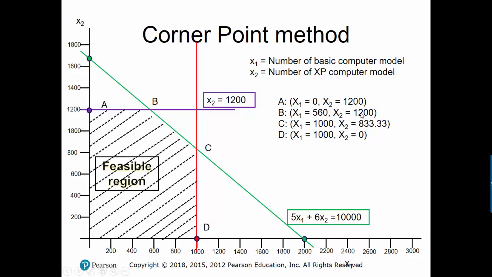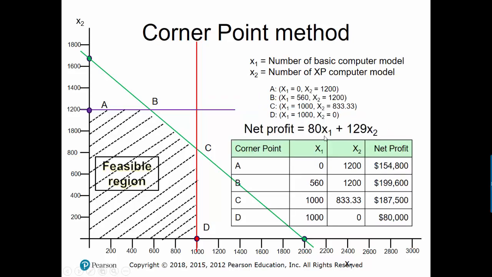Now compute the value of Z, that is the profit. Remember the profit is 80 x sub 1 plus 129 x sub 2. Compute the profit and select the one that has maximum net profit, and that, as we saw previously, is corner point B, which represents producing 560 units of the basic model and 1200 units of the XP model.